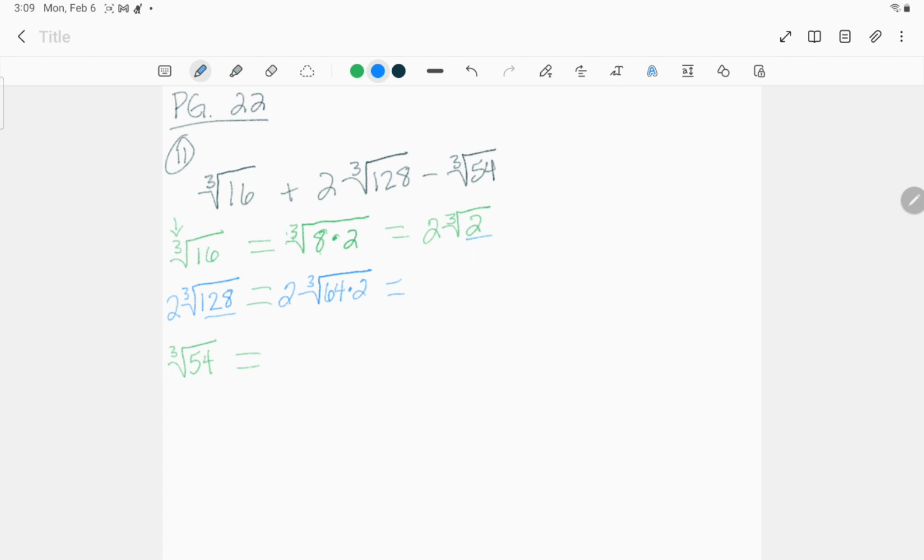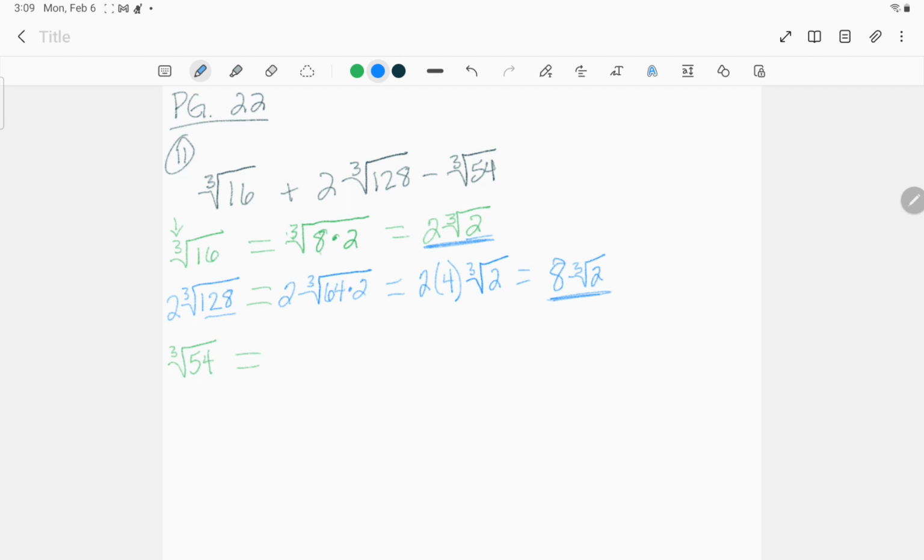We know there is one. It is 4. So you have 2 times 4 times the cubed root of 2. And 2 times 4 is 8 times the cubed root of 2. Okay? So there's one answer. There's 2.